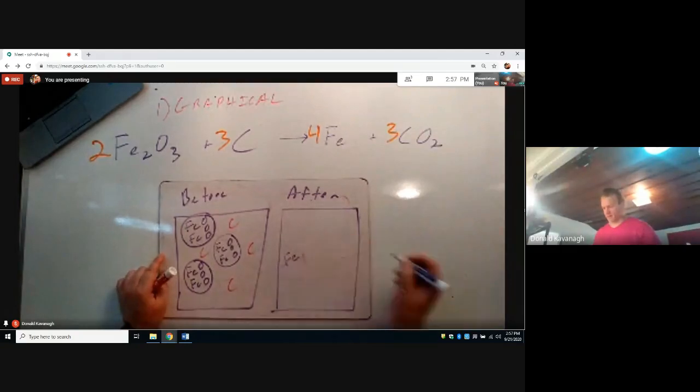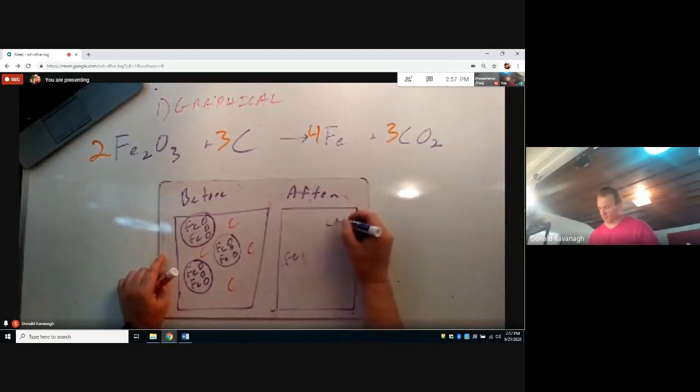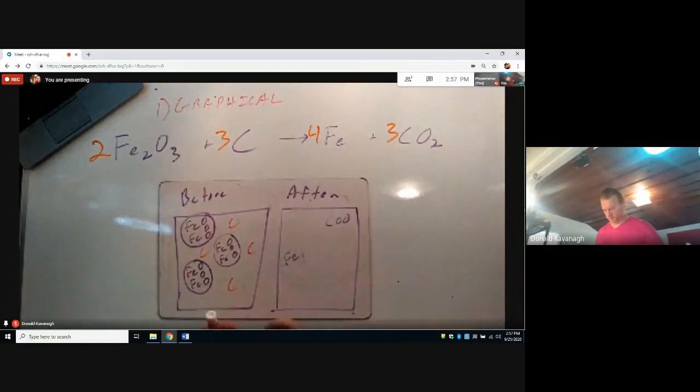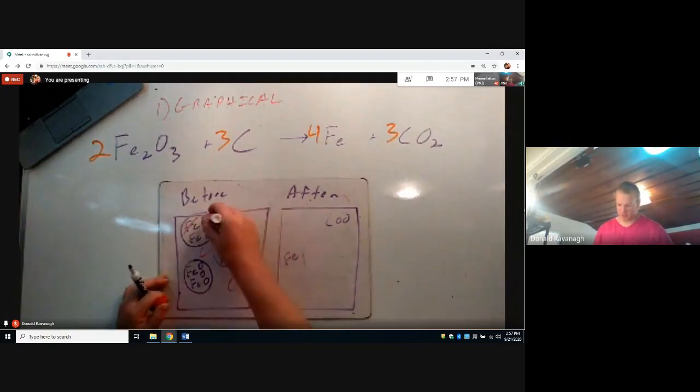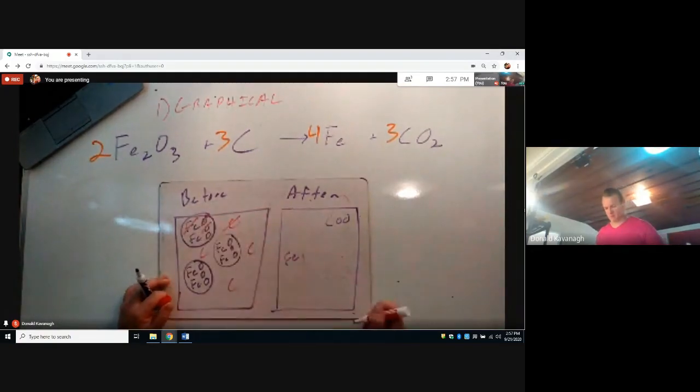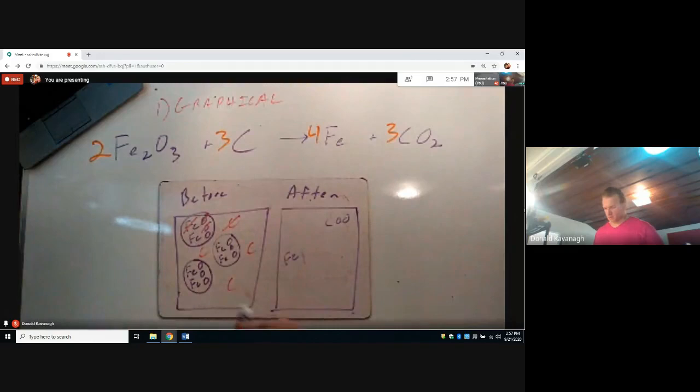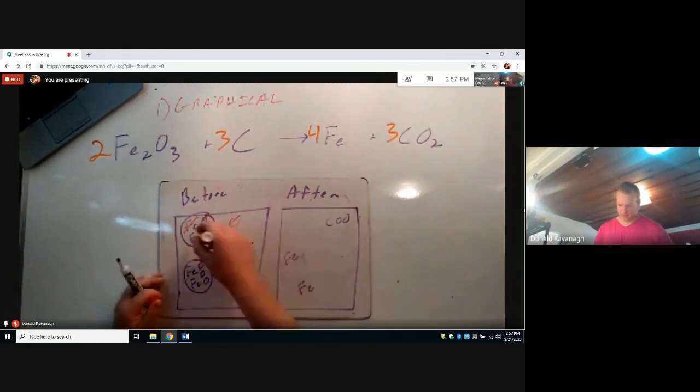Let's just start doing this one at a time. We got an iron there, and then a CO2. So that uses up an iron and a CO2. Make another iron and a CO2.